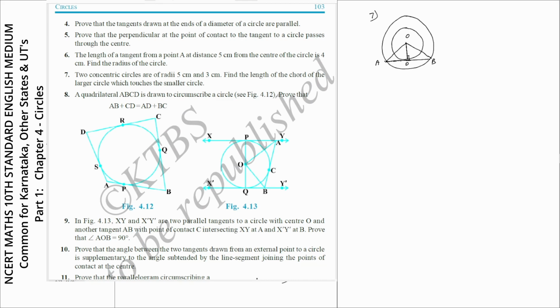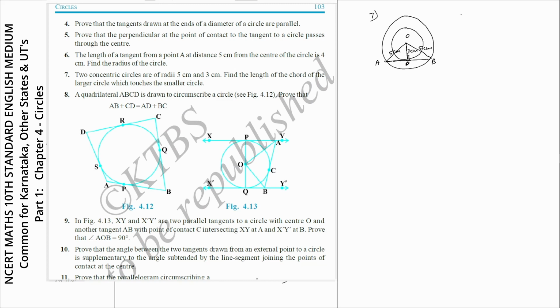I'll call this as D. Now OD is 3 centimeter. This is the radius of the inner circle. These two are 5 centimeter, 5 centimeter. What is the question? Find the length of the chord. I should find AB.